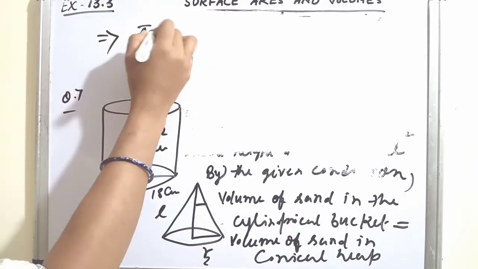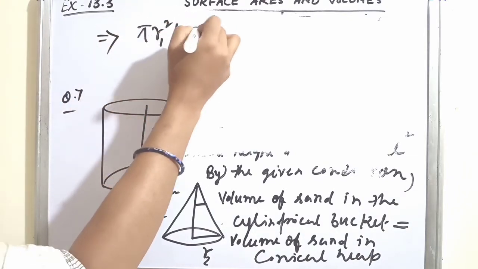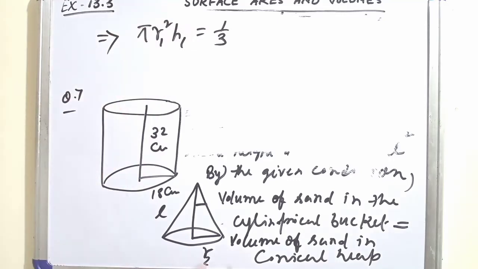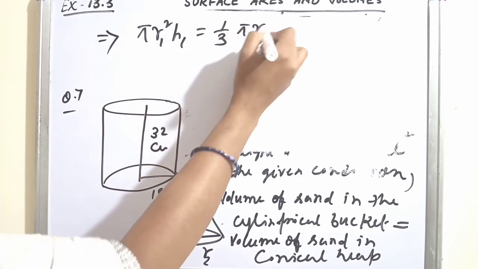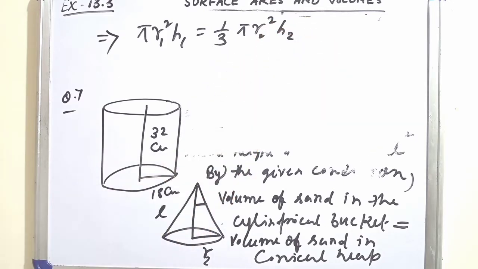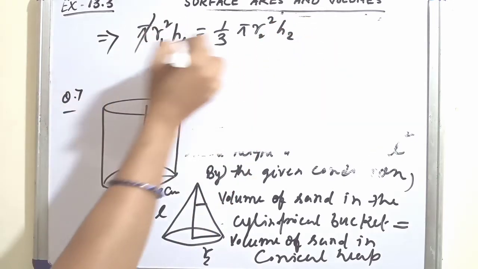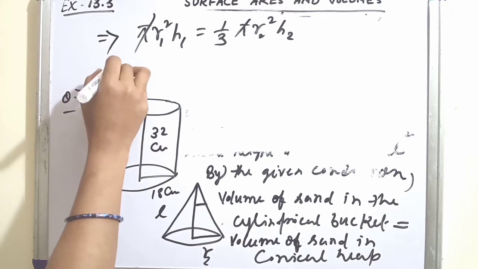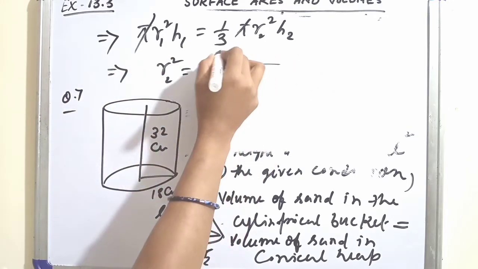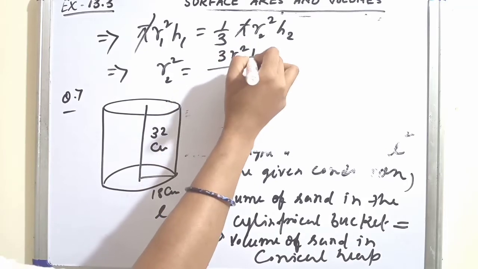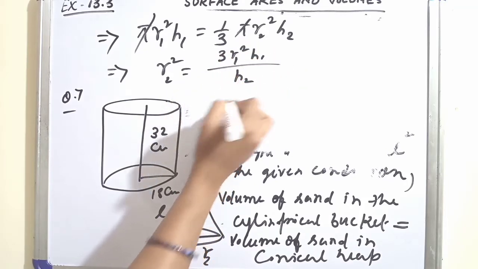This implies pi r1 square h1 is equal to 1/3 pi r2 square h2. Pi cancels out. This implies r2 square is equal to 3 r1 square h1 upon h2.